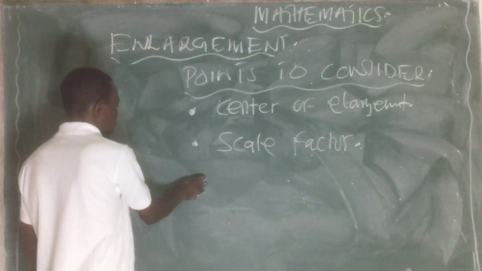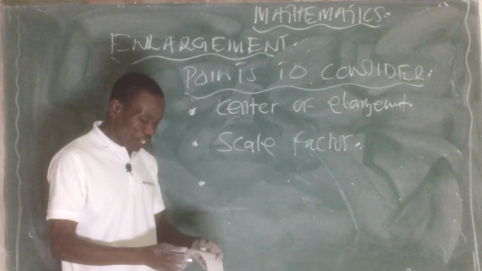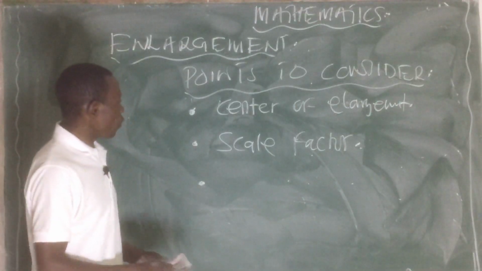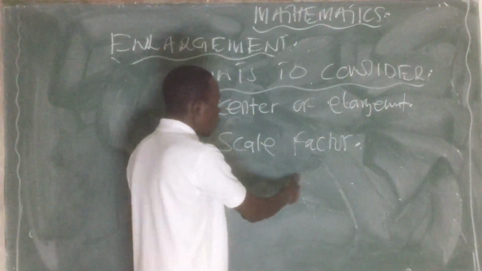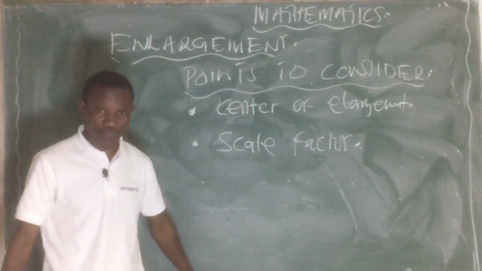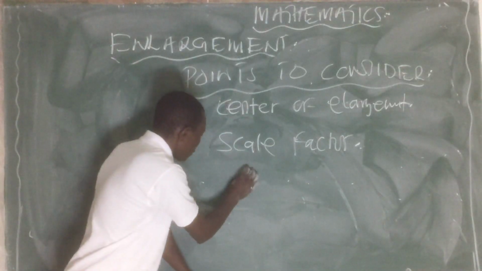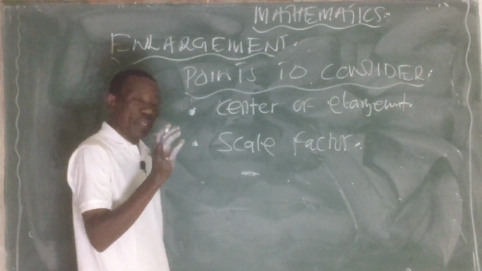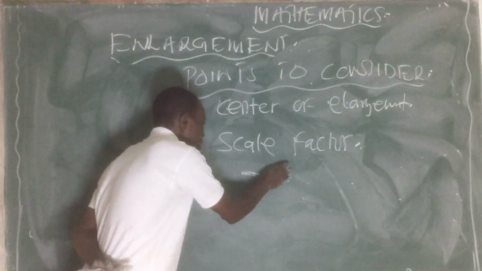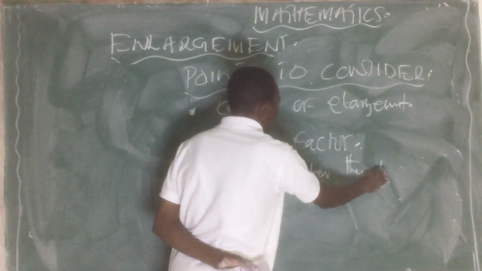Having known that, let's also realize that whatever we're going to do here, we should expect to have our scale factors. Firstly, the scale factor that we're going to get can be greater than 1.